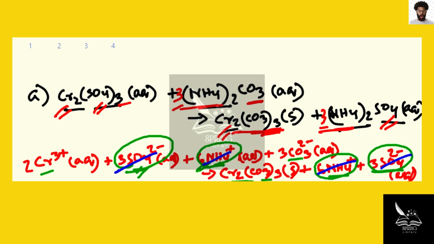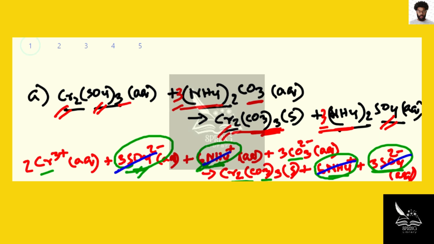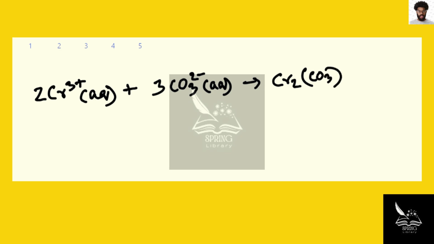So the net ionic equation for this reaction will be 2 chromium plus 3 carbonate will form Cr2(CO3)3 in solid form.